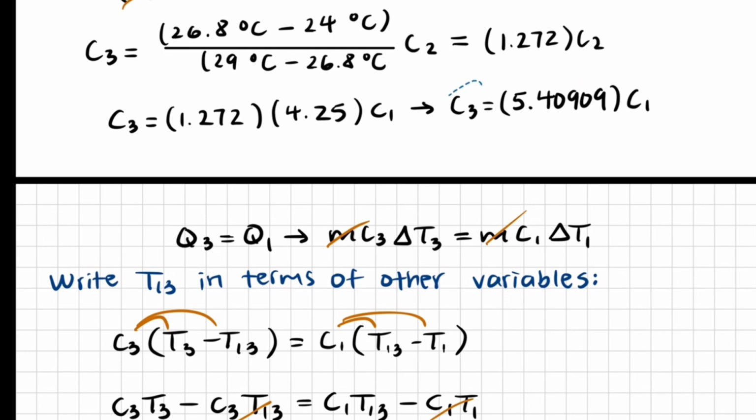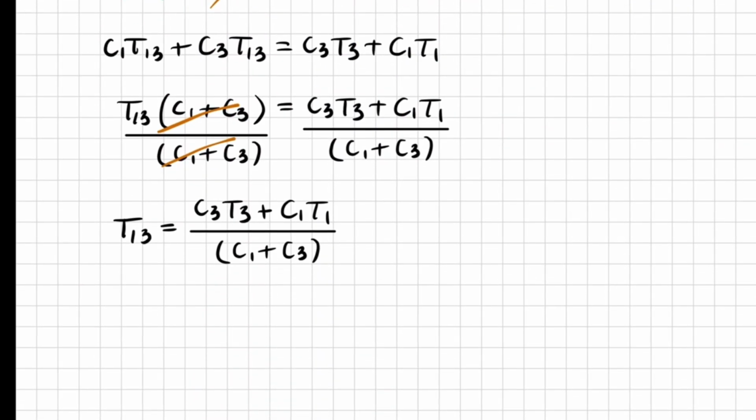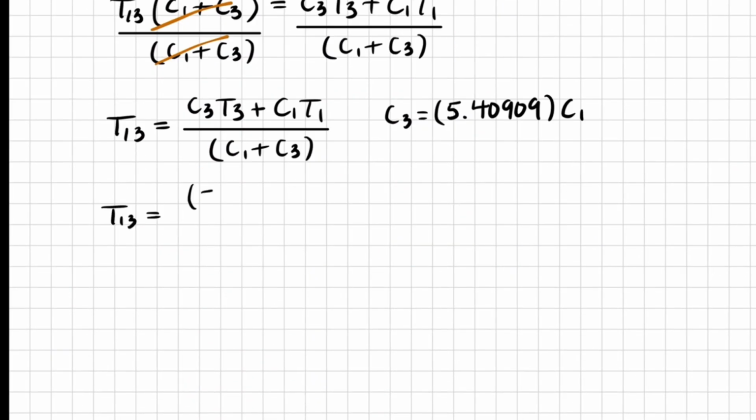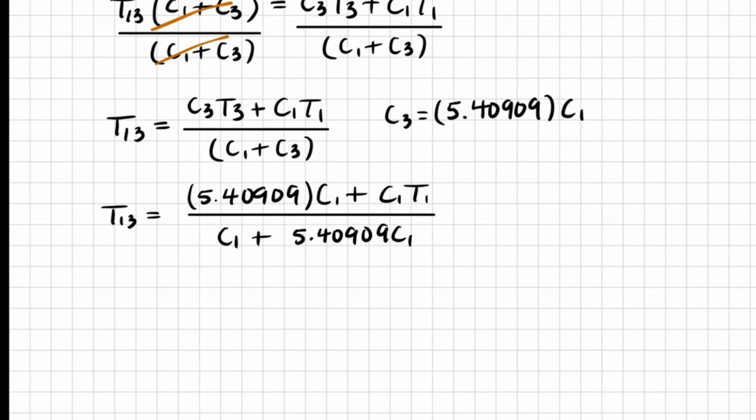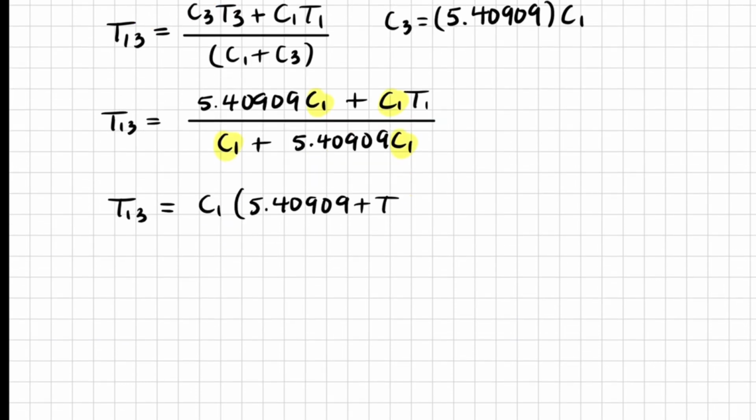Let me bring it over here so I don't forget what it is, because I will. I decided to get rid of the parentheses so it is a bit more clear what I'm going to do. Notice how everything has C1, meaning that I'm going to factor it out. And there we have it.